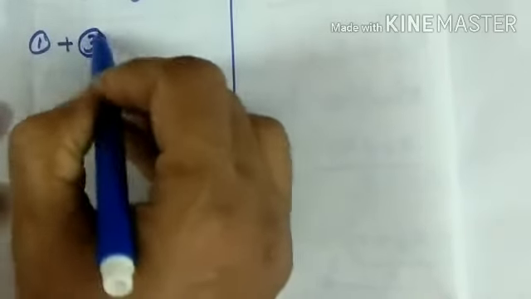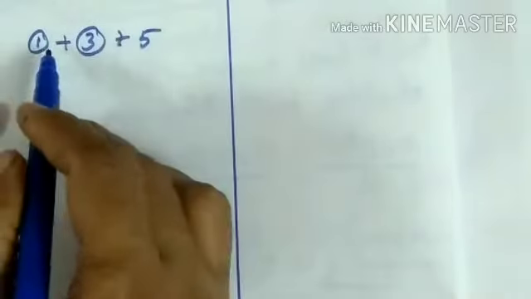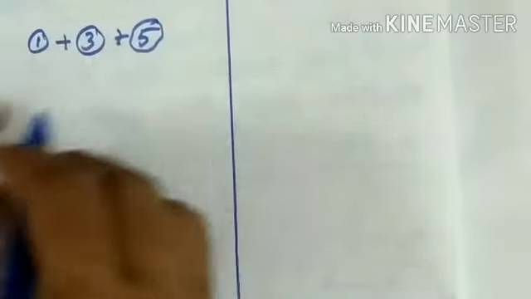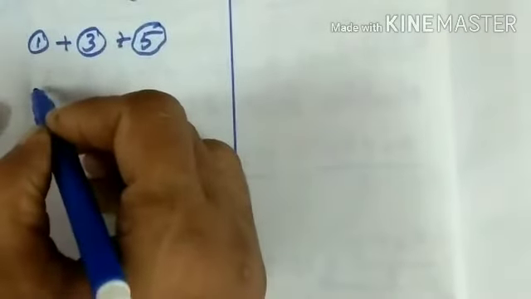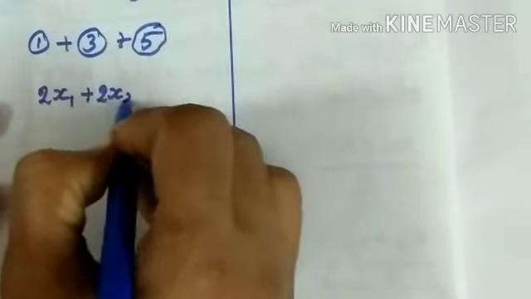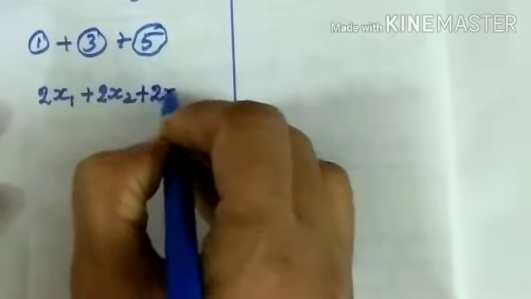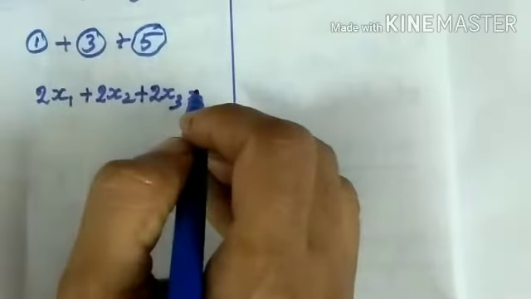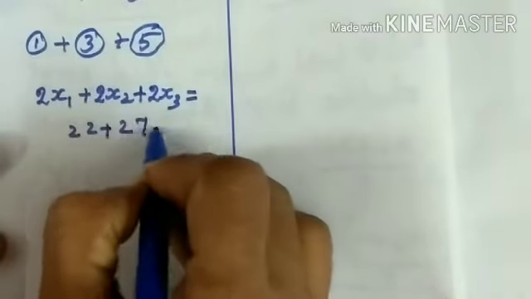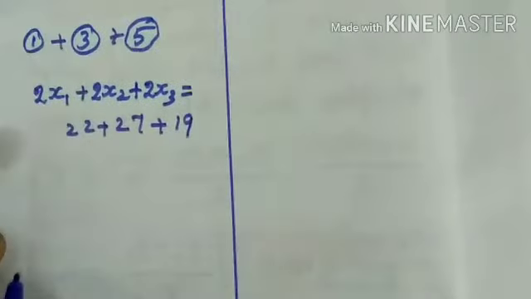Now you have to add the odd-numbered equations, that is 1 plus 3 plus 5. Adding the first, third and fifth equations, we get 2x1 plus 2x2 plus 2x3 is equal to 22 plus 27 plus 19. Now you simplify.